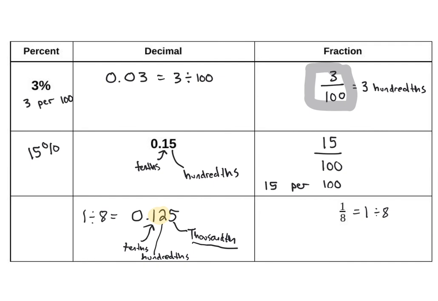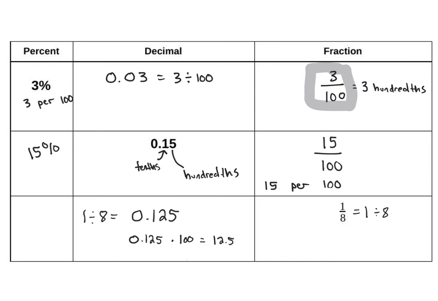So what I want to tell you to do is, when it's time to see a decimal like this and turn it into a percent, if you think of this as per 100, you can actually take your decimal and multiply it by 100 to find out what percent it would be. So if you take 0.125 times 100, what you get is 12.5.